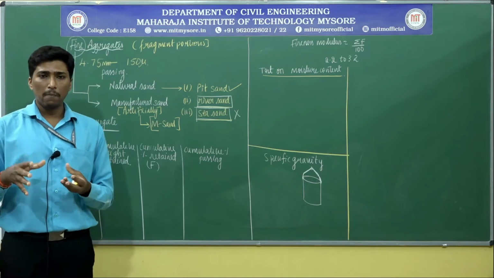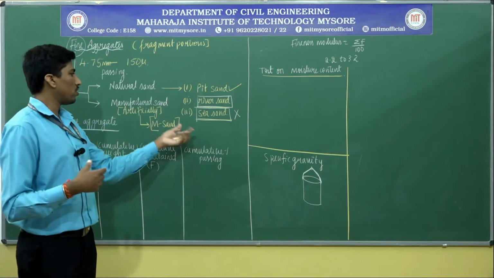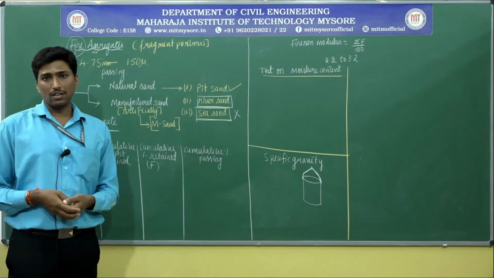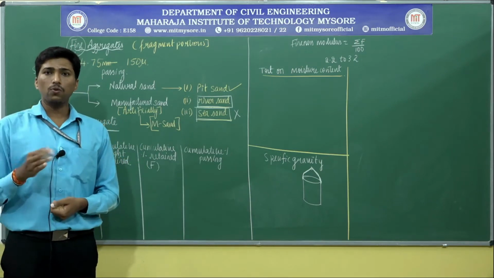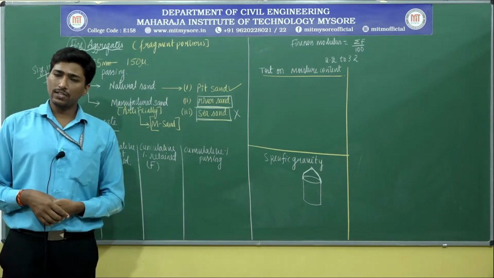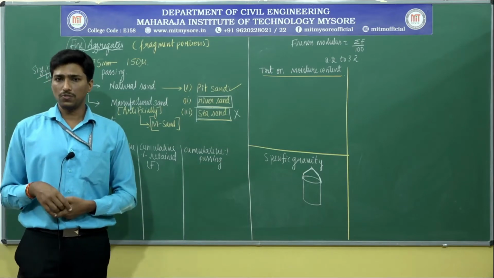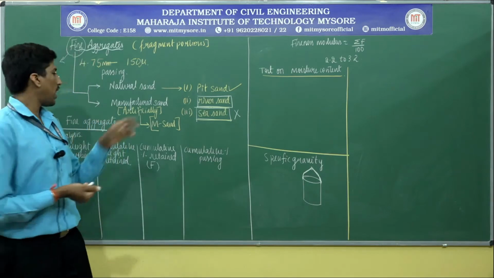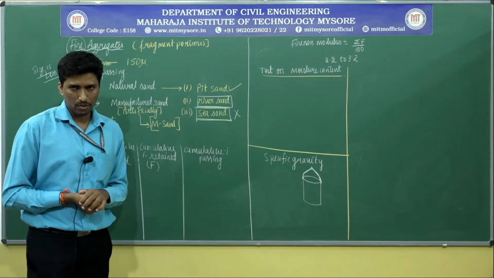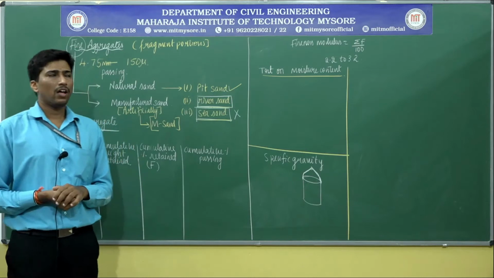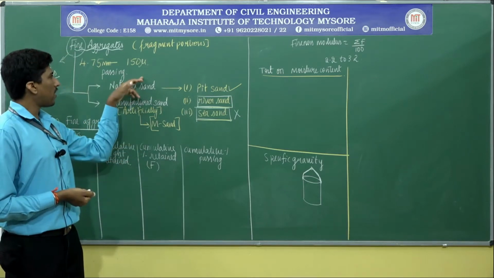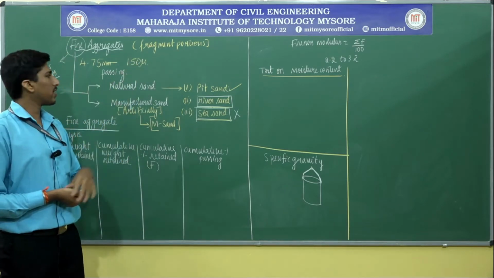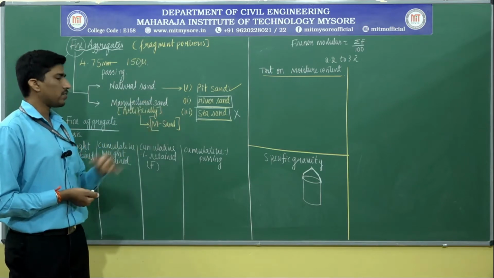They are making it into fine aggregate, which also conforms to governmental rules and regulations. So these are certain examples that I would like to give you for the manufactured type of sand. I hope you have understood what is meant by fine aggregates, natural and artificial.